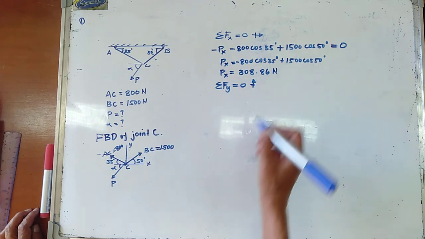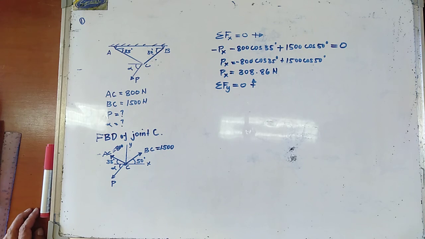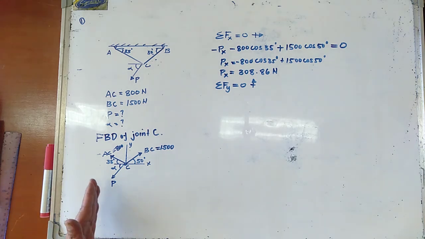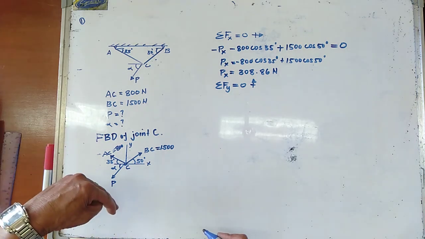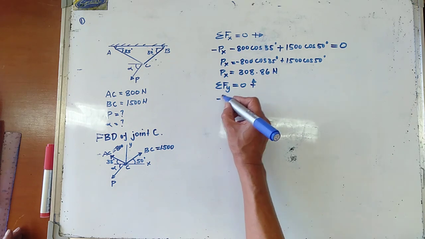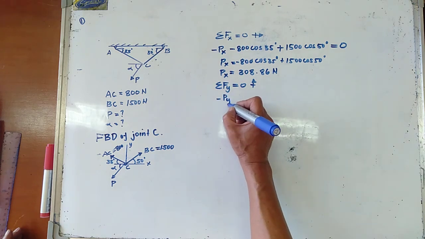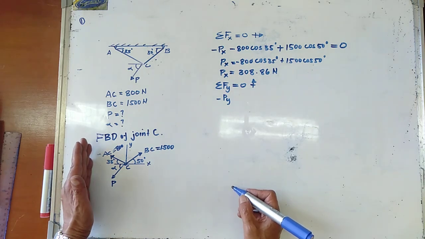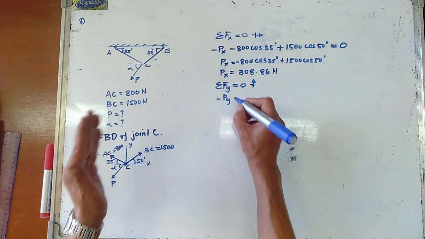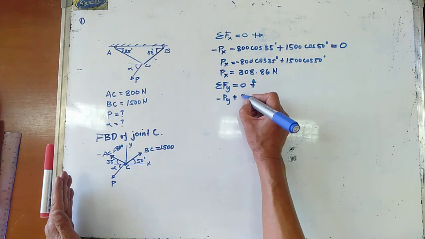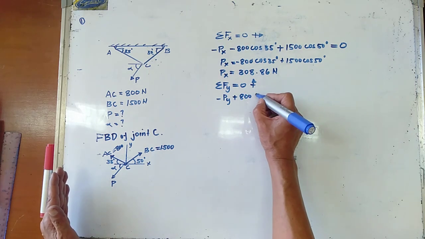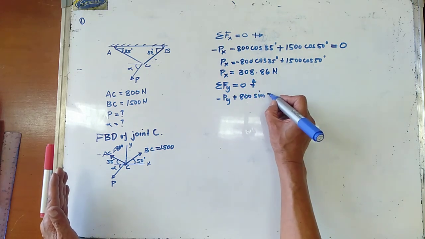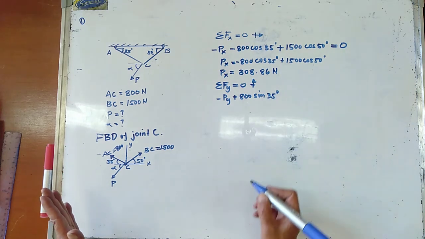Now, similarly, if you take summation of forces along the y-axis equal to 0, then upward forces positive. The y component of P is going downward, so we have minus Py. The y component of cable AC is going upward, so that is positive 800 sine of 35 degrees.